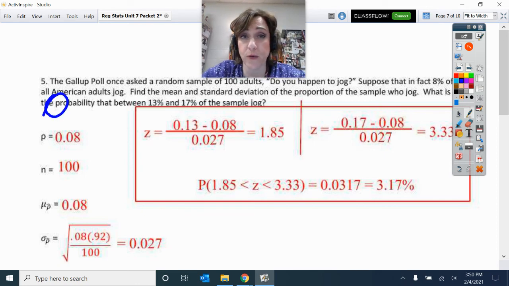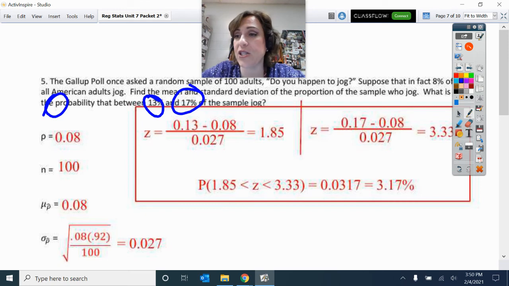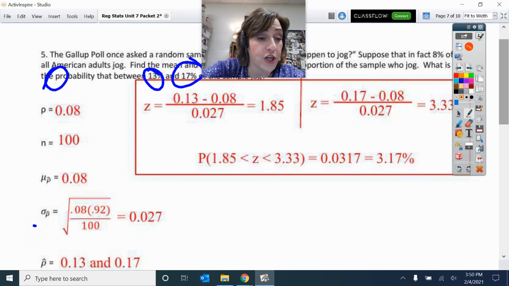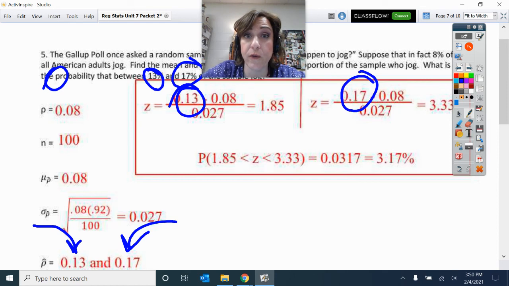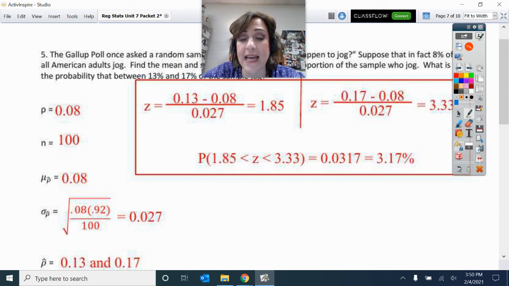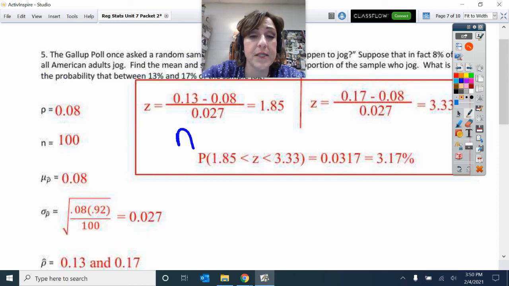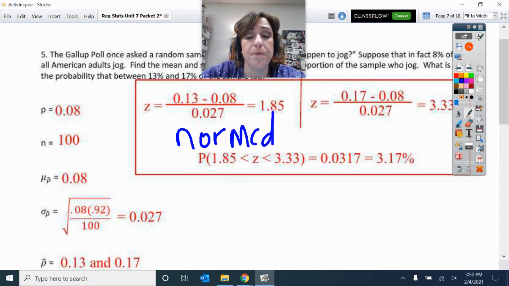We're going to be using normalcdf between two z-scores, between 13% and 17%. So those are two p-hats. I need to get a z-score for 0.13 and a z-score for 0.17, and once I do that, I'm going to use normalcdf between those two z-scores.